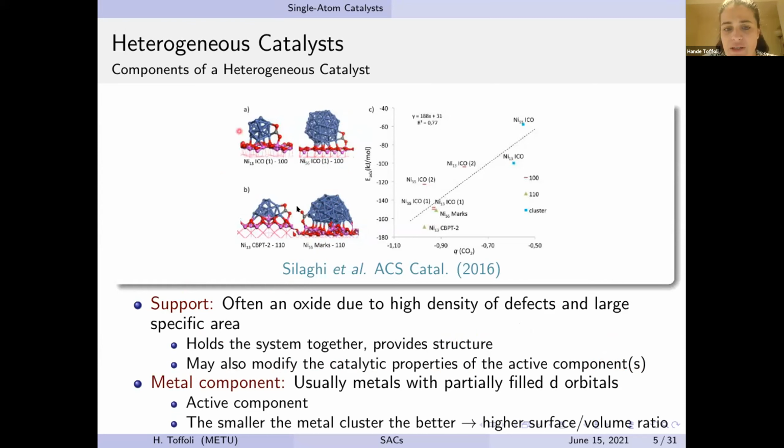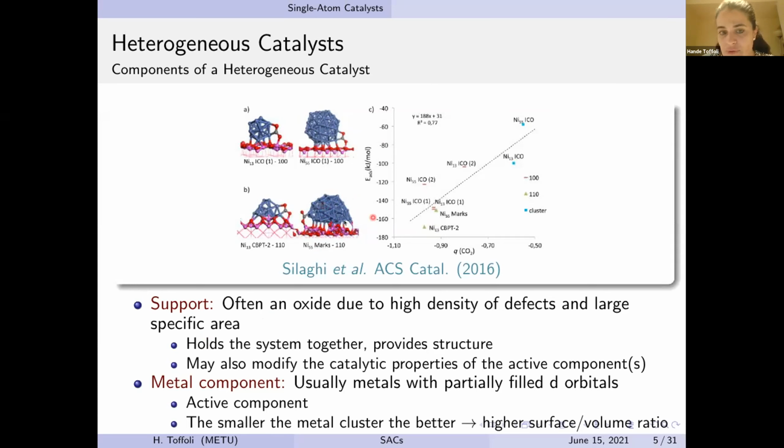So here you see an example of what I believe is alumina and a nickel cluster, in some different sizes. As you can see, the system offers many adsorption sites, both on the metal cluster, but also at the interface of the metal and the support. And all of these are interesting sites to investigate because they all have different chemical properties.